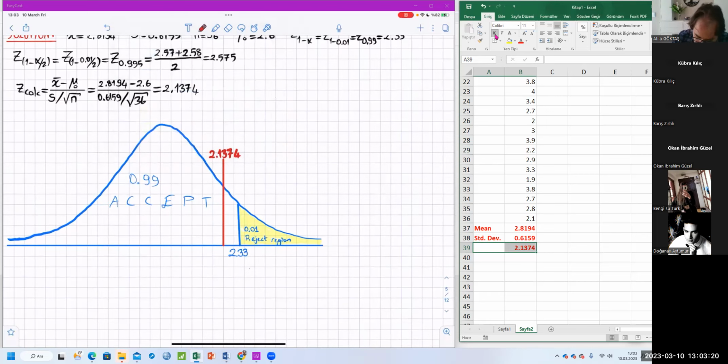Since 2.1374 is not greater than 2.33, 2.1374 is falling outside the reject region.